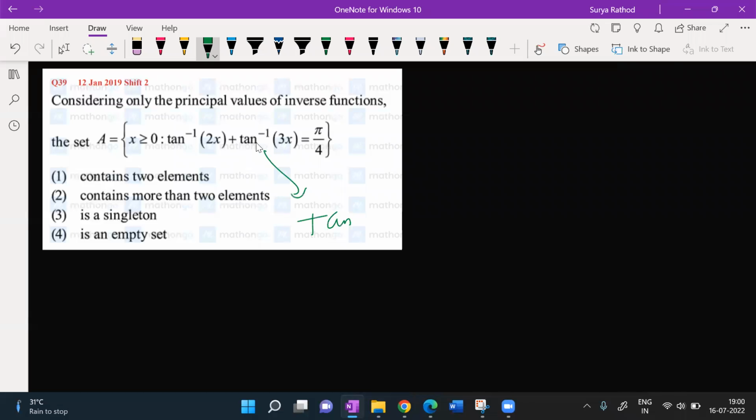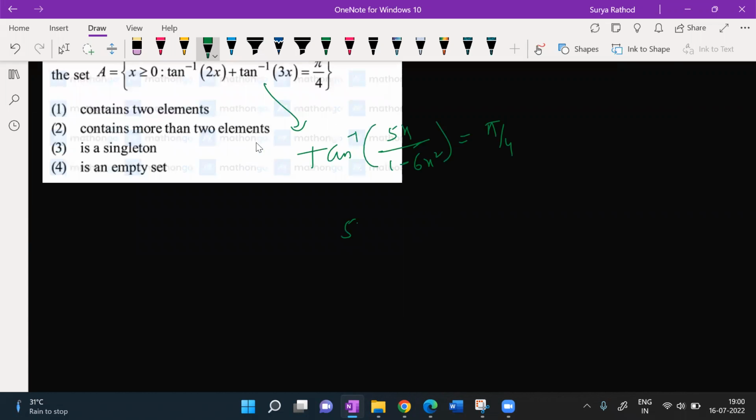So 2x plus 3x is 5x, over 1 minus 2x into 3x, that is 6x square, is equal to pi by 4. So 5x divided by 1 minus 6x square is equal to tan pi by 4, which is 1.